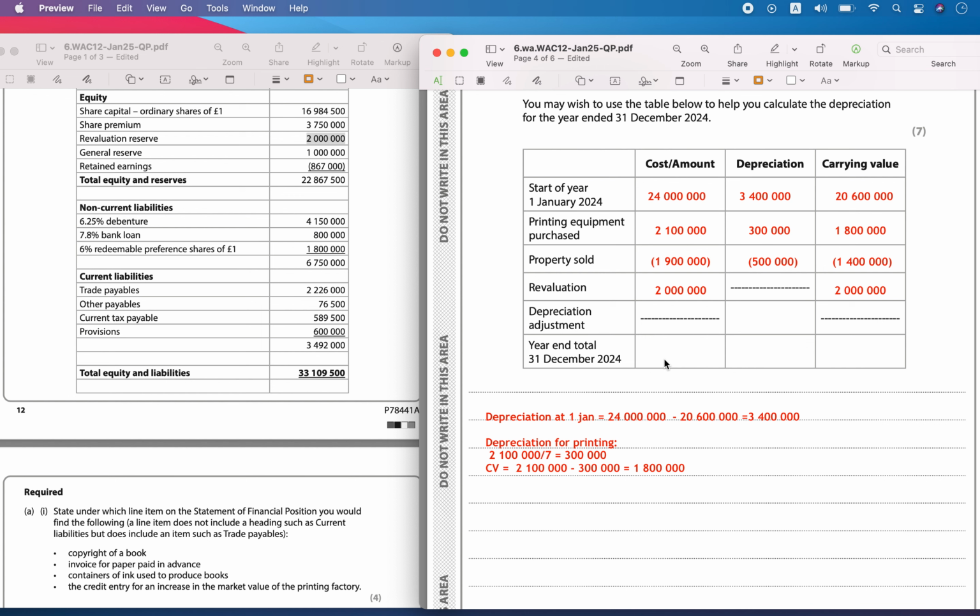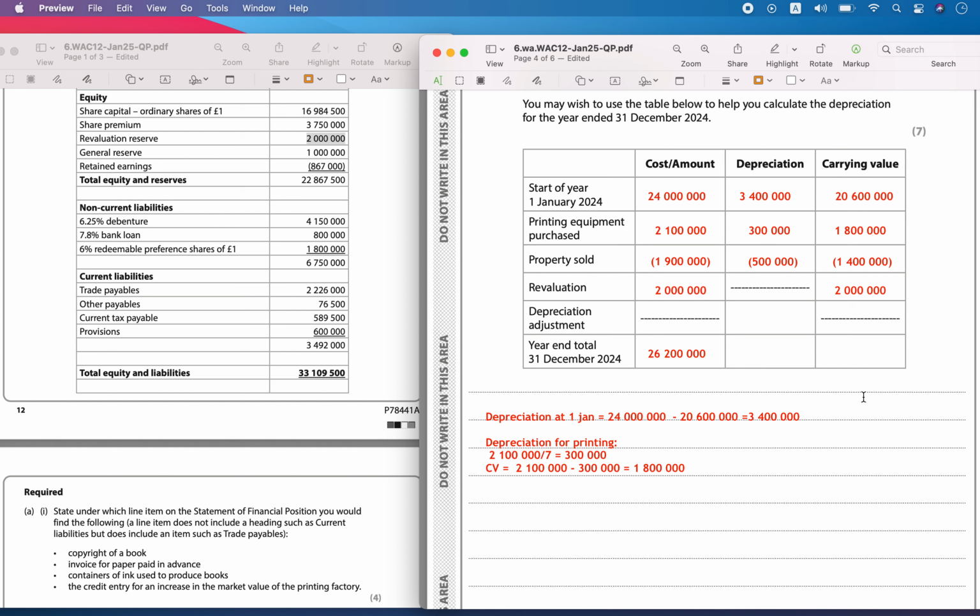So let's add up all of this: 24 million plus 2.1 minus 1.9 plus 2 million, so 26.2 million. That was the cost.